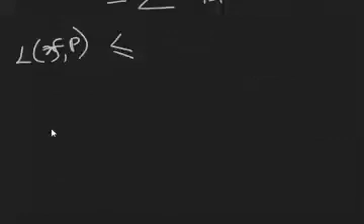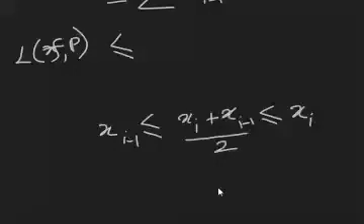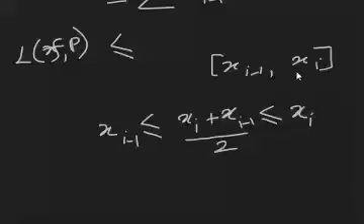We know that x_i is the right end and x_{i-1} is the left end of that interval, and the average of these two points, (x_i + x_{i-1})/2, is the midpoint of the subinterval.